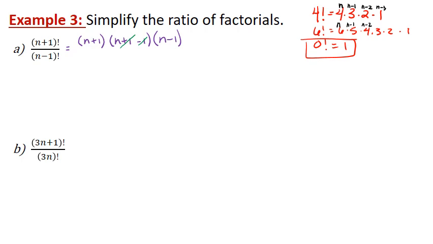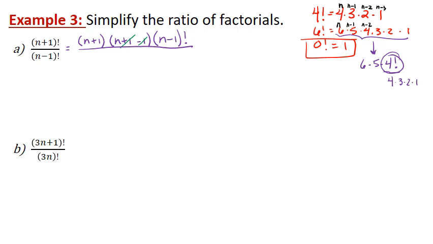Now, I want to show you something. I need to put a factorial here, and this is why. I can write 6 factorial as 6 times 5 times 4 factorial if I want, because 4 factorial is the same thing as saying 4 times 3 times 2 times 1. So any factorial you are dealing with, you can stop anywhere and write it with the factorial there.